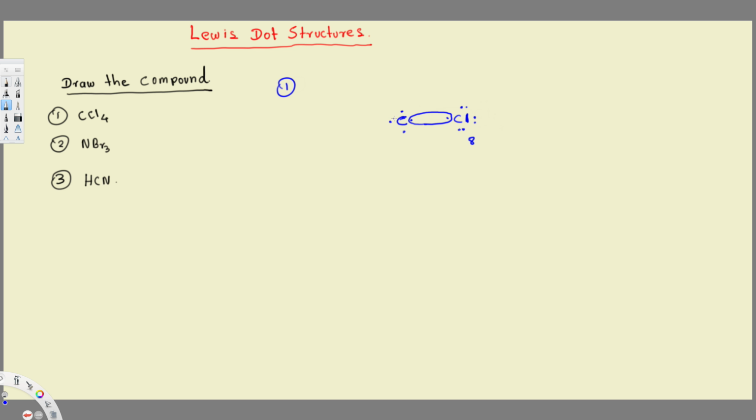But carbon now has 5. It needs 3 more. To form that, we arrange the other Cl atoms around it, sharing with the other chlorines.